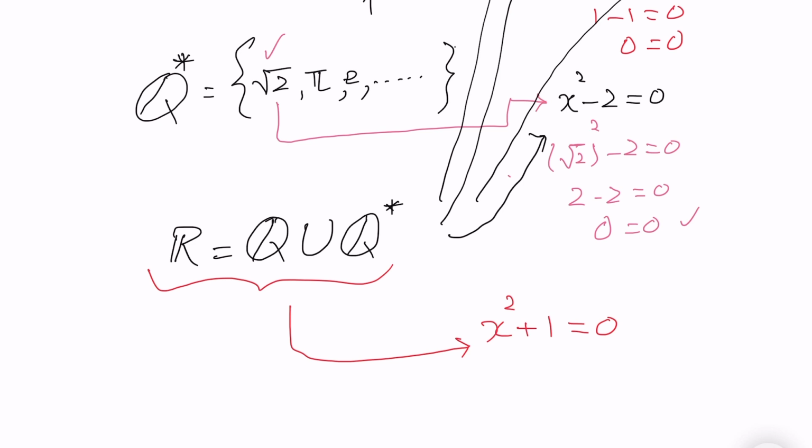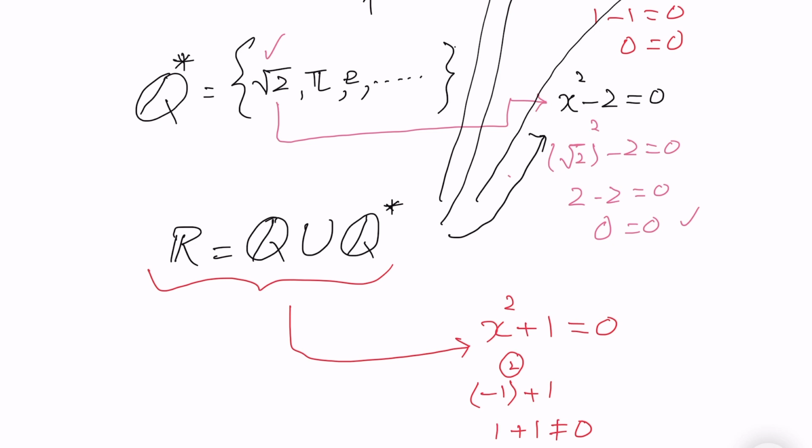Any number I plug in here, assume that I say that -1 is the solution, this square is going to make it positive, and it's going to be 1 plus 1, and there is no way this is equal to 0.